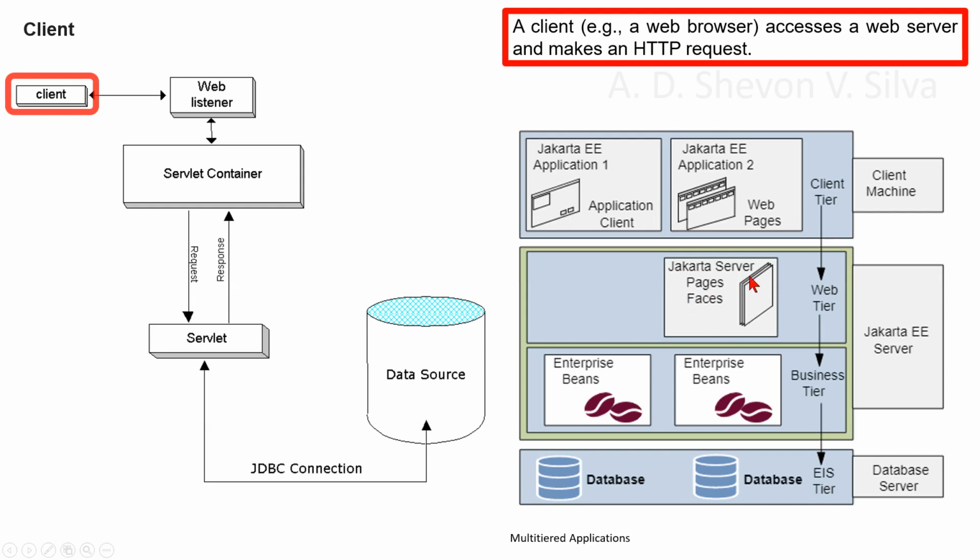Jakarta Servlet, Jakarta Faces, and Jakarta Server Pages technology components are web components that run on the server. Enterprise bean components. Enterprise beans are business components that run on the server.